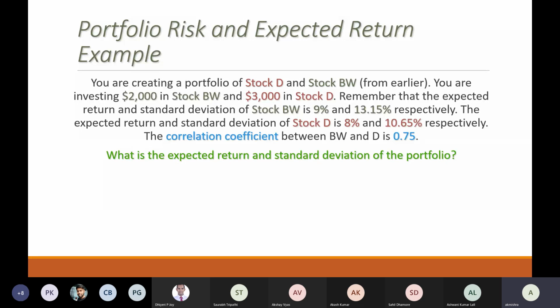And I believe this problem we have also discussed, that you are creating a portfolio of two stocks, D and another stock BW.